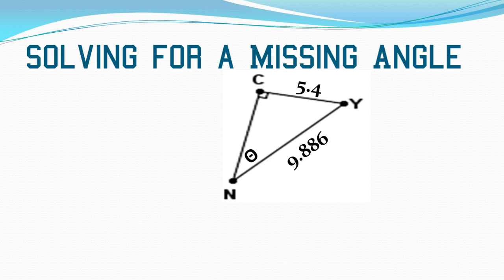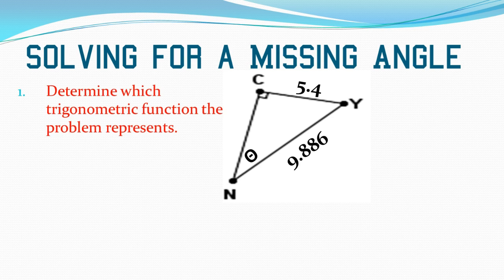Cosine, you would hit second, cosine. To hit inverse tangent, you would hit second, tangent. But long before we can actually calculate these angles, we need to set up some information using our previous trigonometry knowledge. We start by determining which trigonometric function the problem represents.